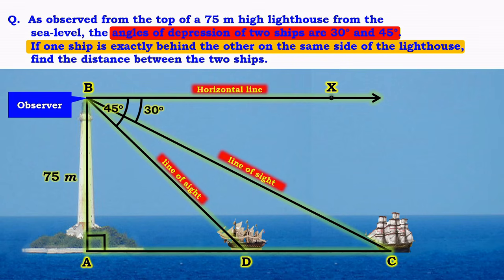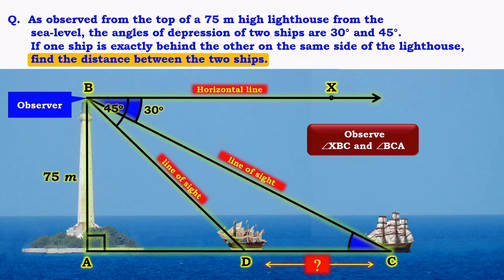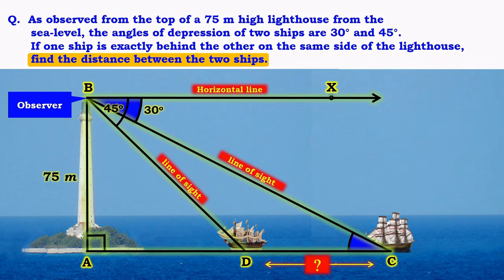The angle of depression towards the nearer ship is 45 degrees, and the angle of depression towards the farther ship is 30 degrees. Now, observe angle XBC and angle BCA. Since BX is parallel to AC, these two angles are alternate angles. Therefore, they are equal.